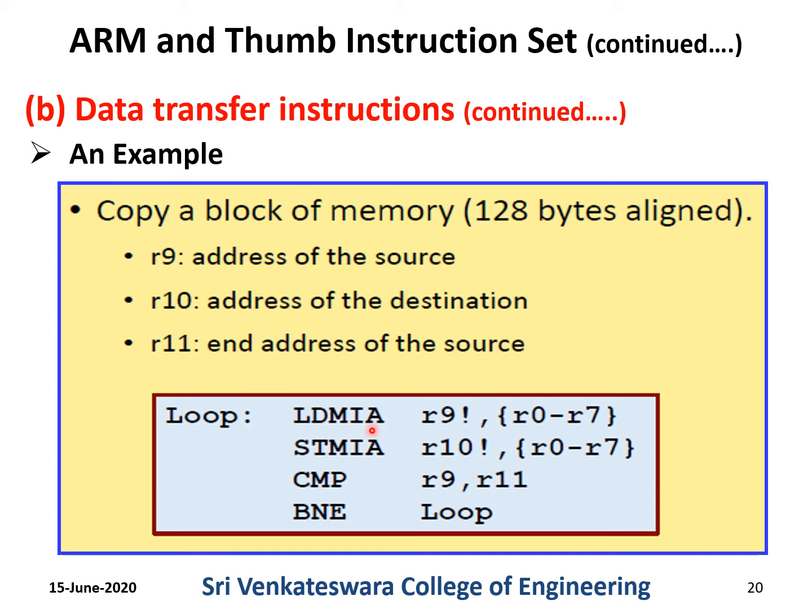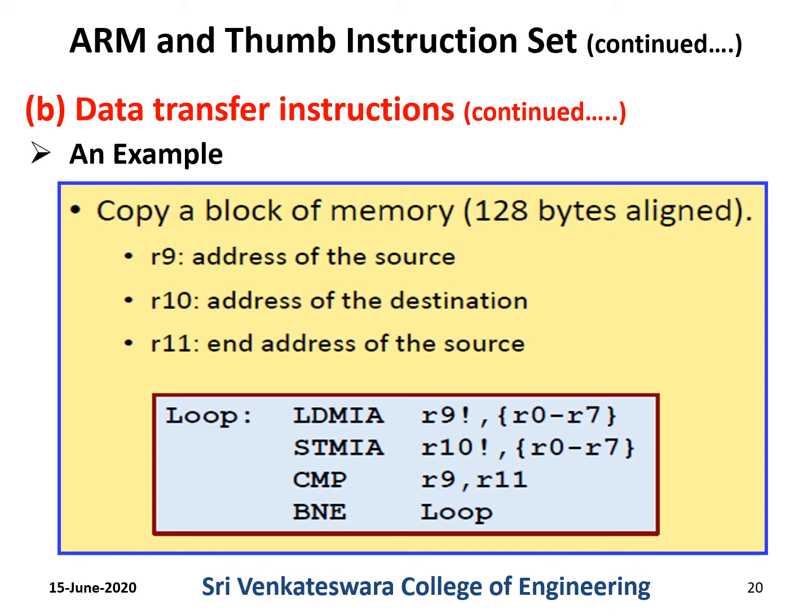LDMIA, that is the increment after instruction, will first load the register with the data pointed by the R9 register, and then it will increment. Here you can see we have made use of the auto increment notation also, the exclamation notation. R9 will get incremented automatically by 1 every time after the load operation is completed.